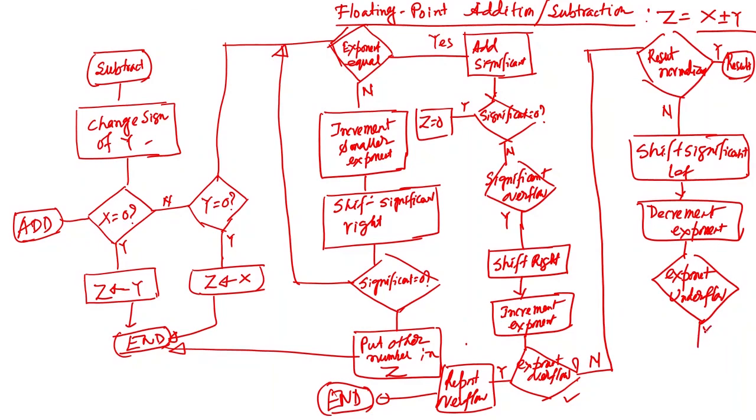Therefore, if it is yes, then report underflow and stop here. Now, if it is no, the exponent is not underflowed, then you normalize the result again. You keep on doing this. So, this is for addition and subtraction.